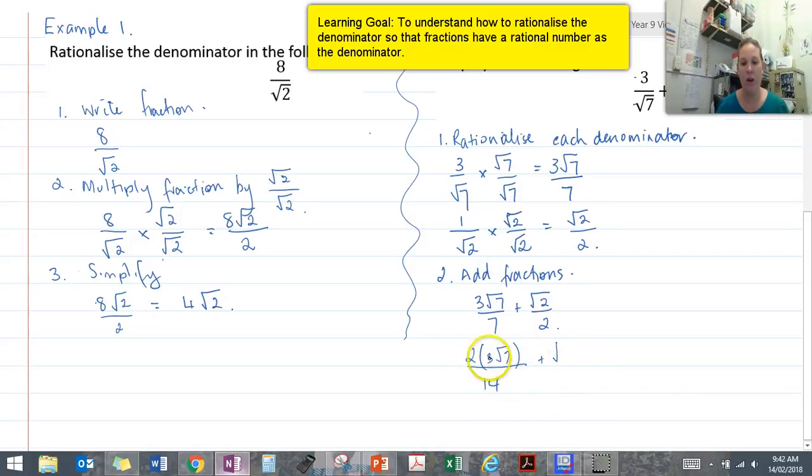That gives us 2 times 3 square root 7 over 7 times 2, which is 14, and 7 square root 2 over 14, which means that we now have equal denominators, so we can add them. So we have 6 square root 7 plus 7 square root 2 over 14.